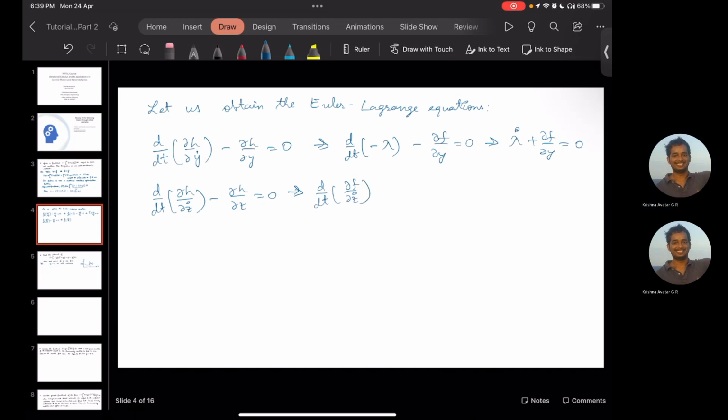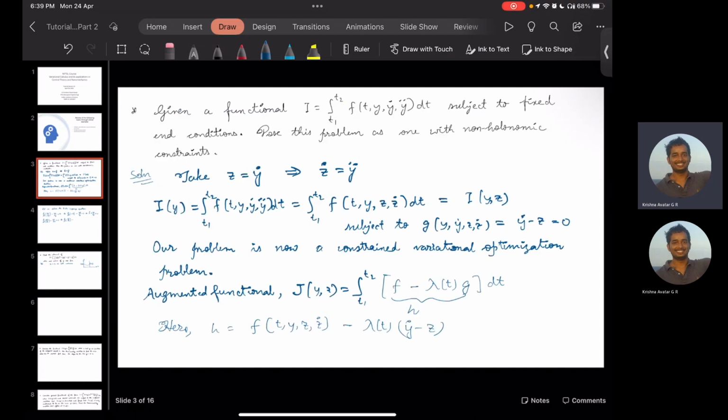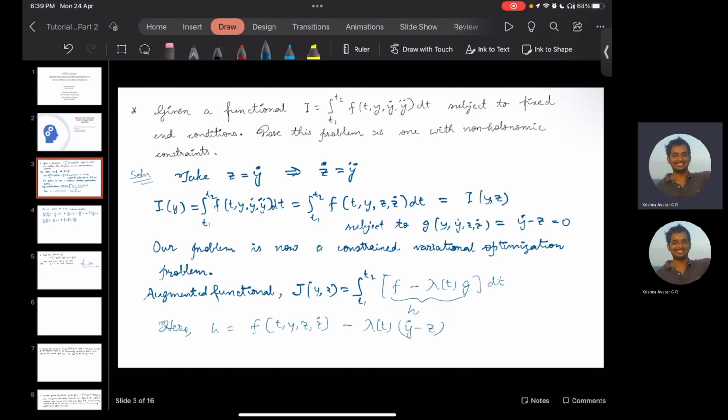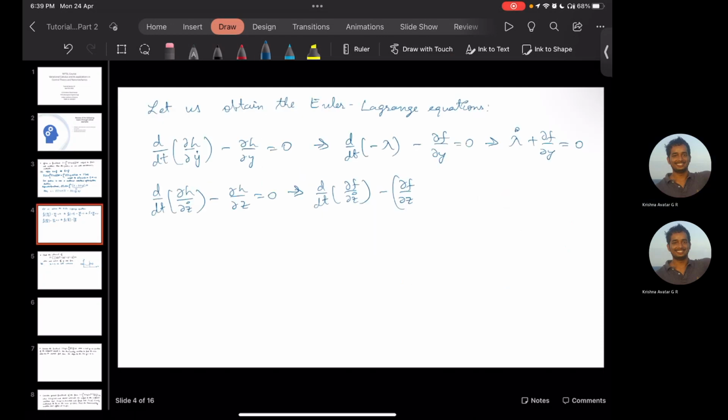Then minus partial h with respect to z. The first term contains z, so I'll have partial f by partial z. The second one also has it, so this will just be plus lambda of t, and this is equal to 0.